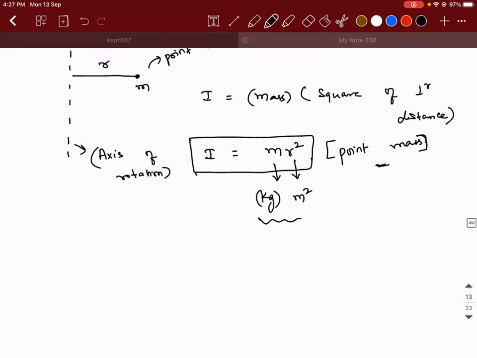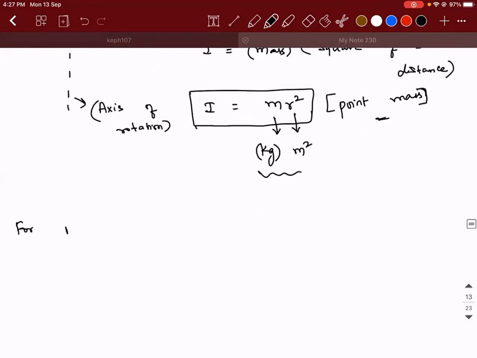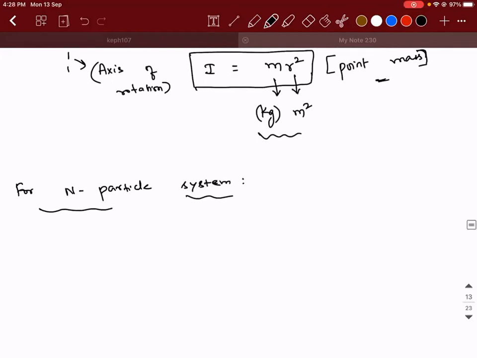Okay. Now listen to this carefully. For an n particle system, there are different masses present like this.